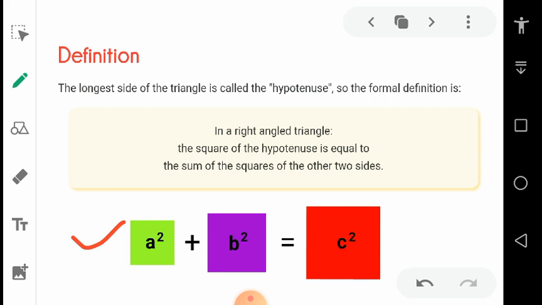It is, in a right angle triangle, the square of the hypotenuse is equal to the sum of the squares of the other two sides. The other two sides can be written in any order. On the left hand side it can be written as b square plus a square, it doesn't matter, but on the right hand side there must be only c square.